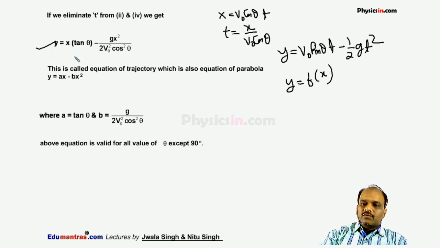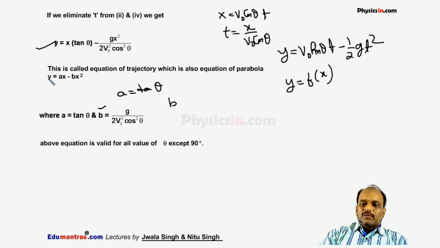If you see this expression, it is of the form y is equal to ax minus bx square, where a is tan theta, and b is g by 2 v naught square cos square theta. Because v naught, g and theta are constants, I have assumed b as a constant.